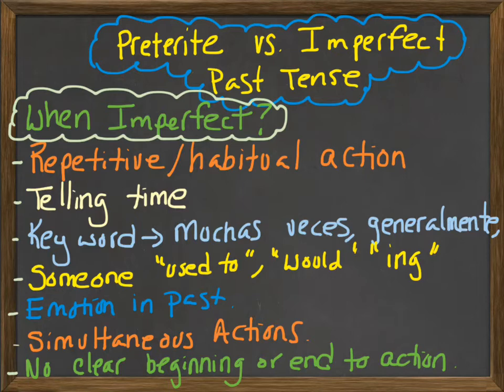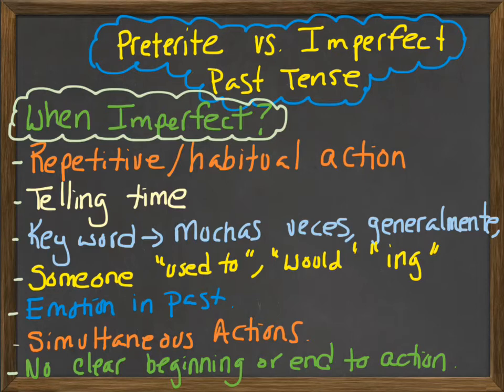Okay, if someone is trying to convey that they used to do something or would do something in the past, like would go skiing, or they were talking, so anything that ends in the -ing is usually going to be the imperfect, okay?